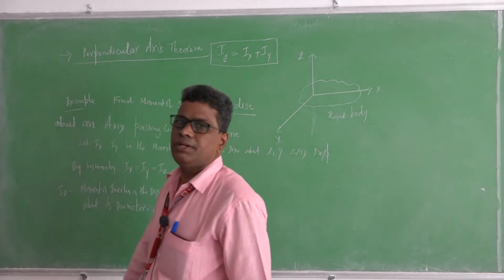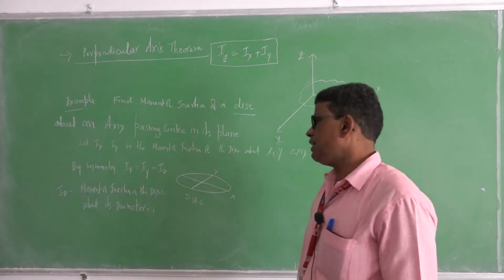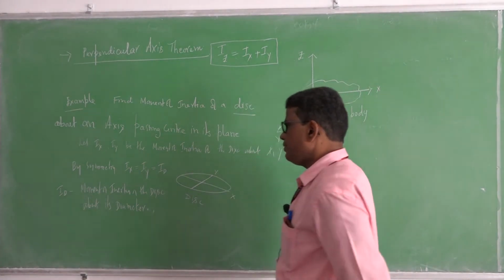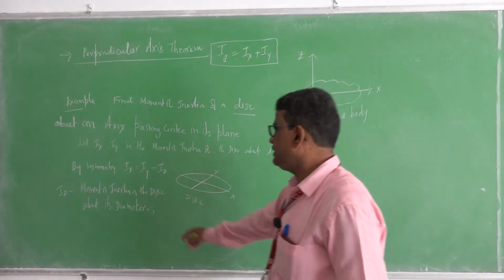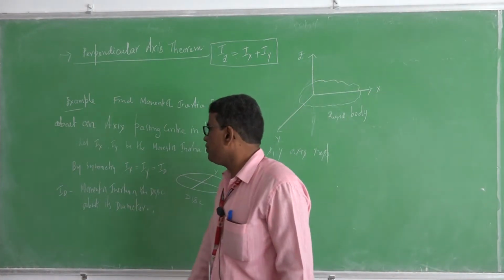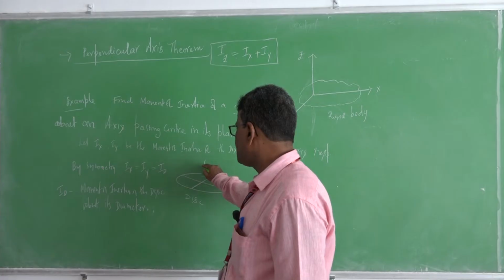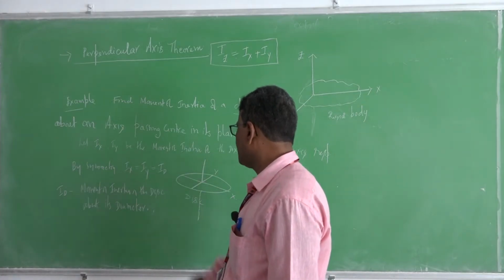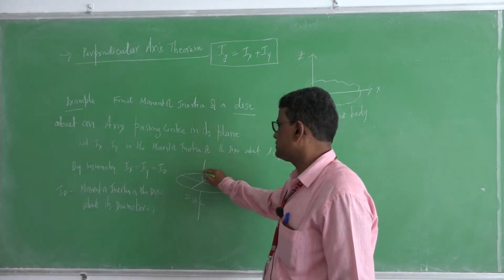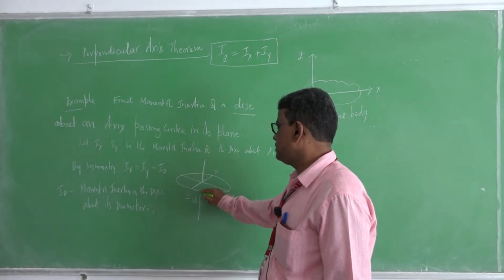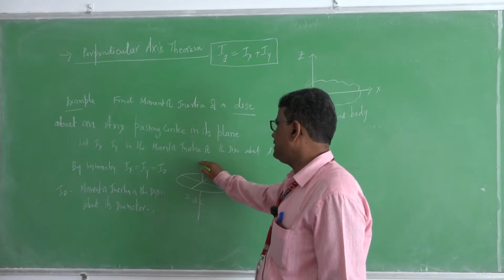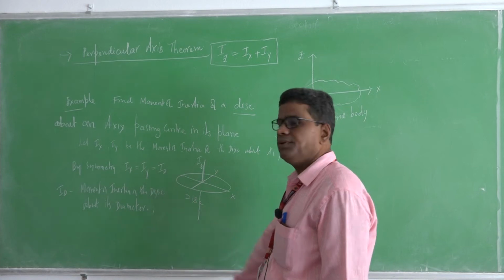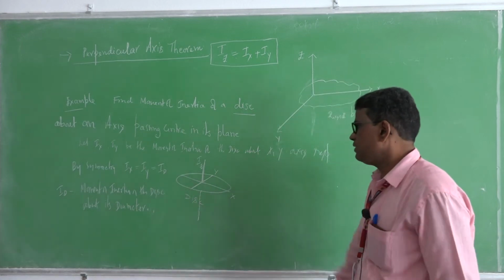Obviously, the diameter is in its plane. Now, I derived the moment of inertia of the disc about an axis perpendicular to its plane passing through the center of gravity, let it be Ig or Iz. So what is Iz?